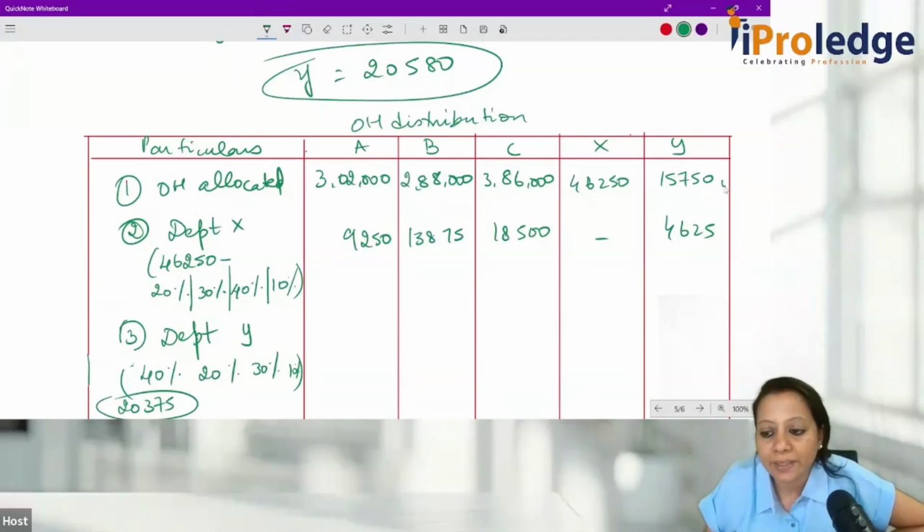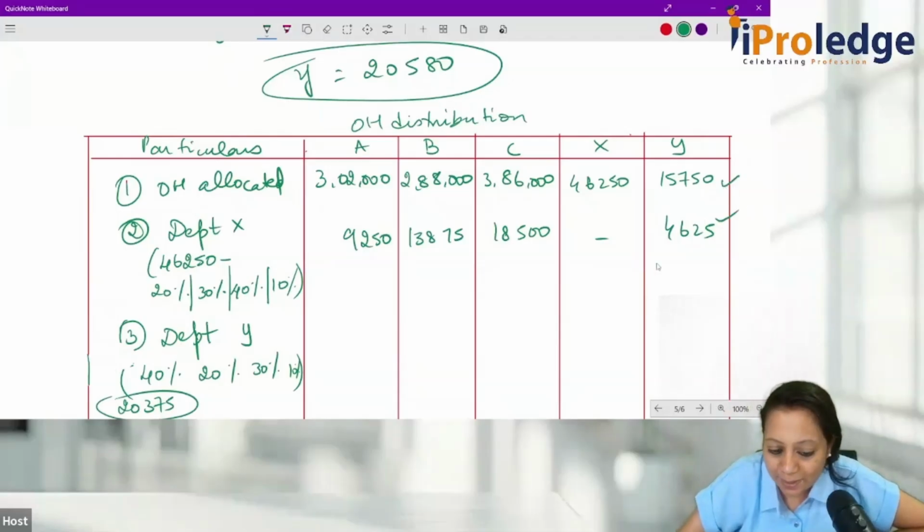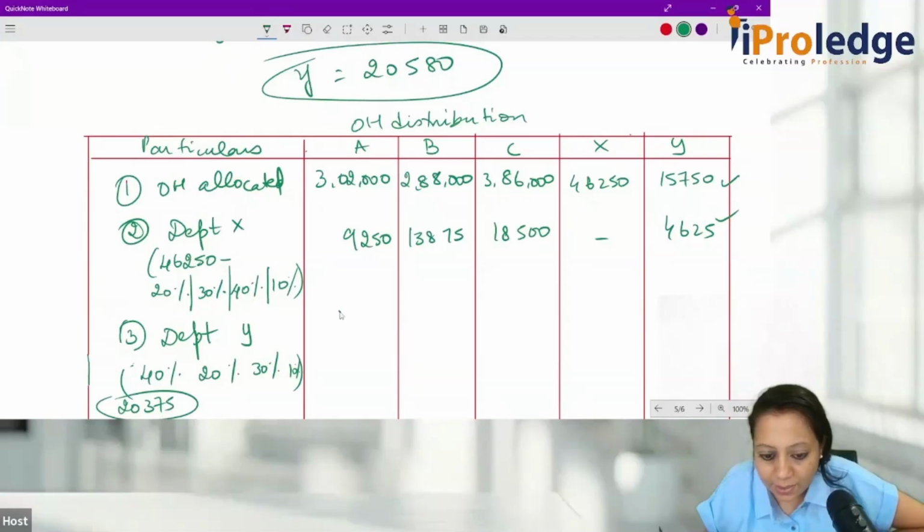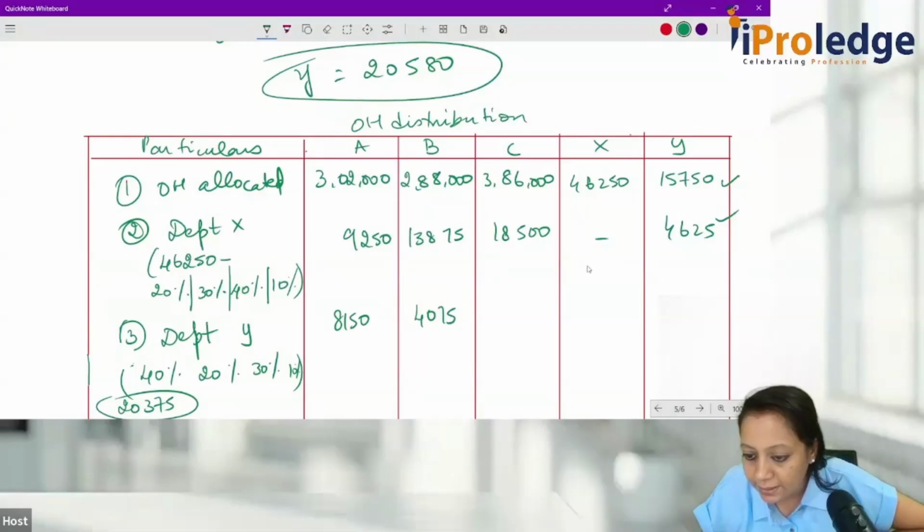How did we get 2375? This plus this. Right, everyone? So 2375 into 40 percent, how much is that? 950. 2375 into 20%, 475. And 2375 into 30%, that is 712. And this is 237.